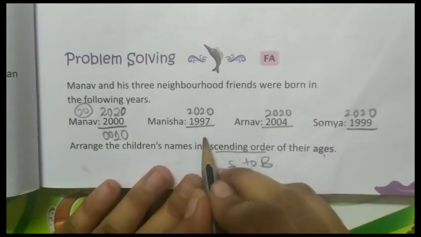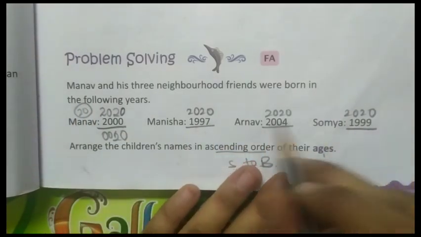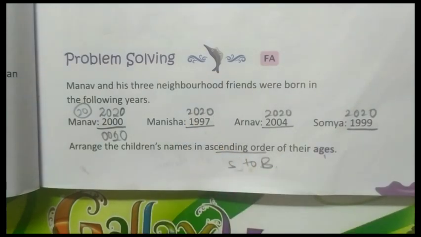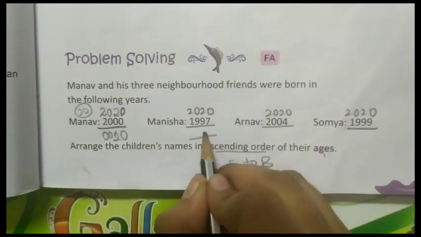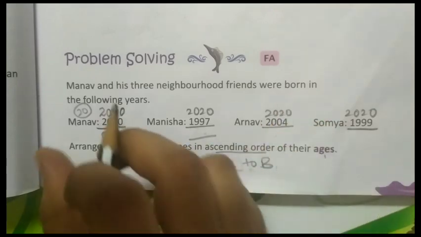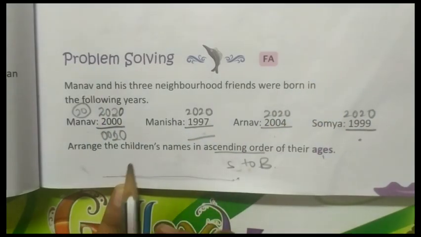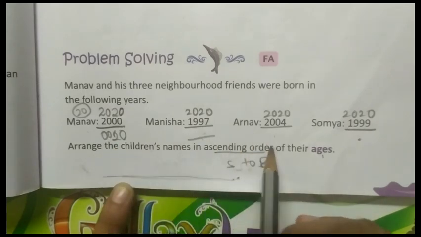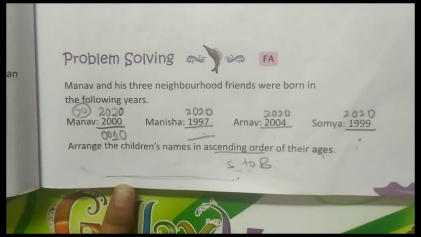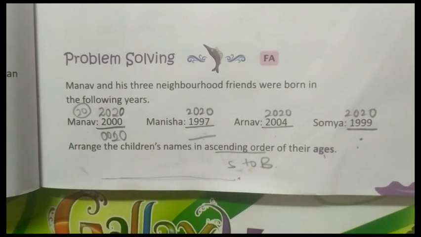Like that, subtract all these years from this year 2020. Then you will get the ages of the children. You have to arrange these names in ascending order according to their ages. Okay, this is your homework.